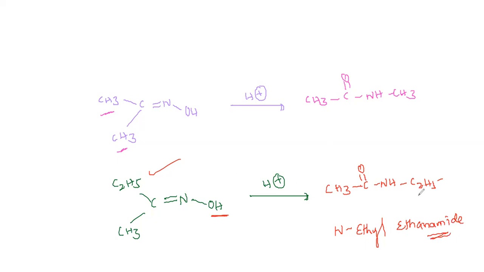For example, if they give cyclic systems, this is very, very important. They will give a ketone. First, it forms the hydroxylamine derivative.